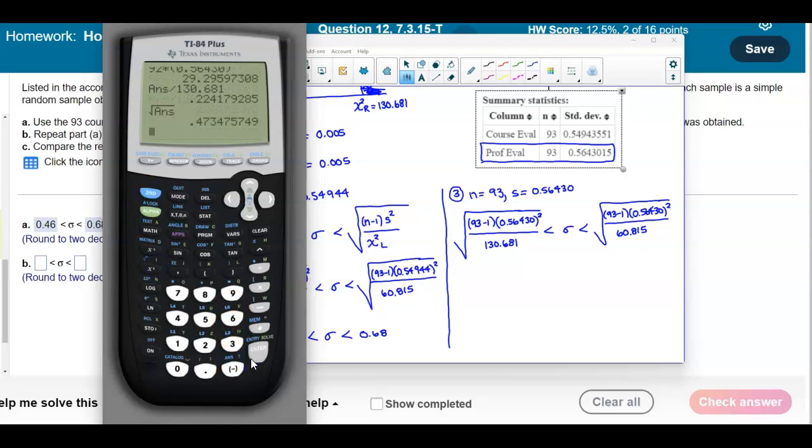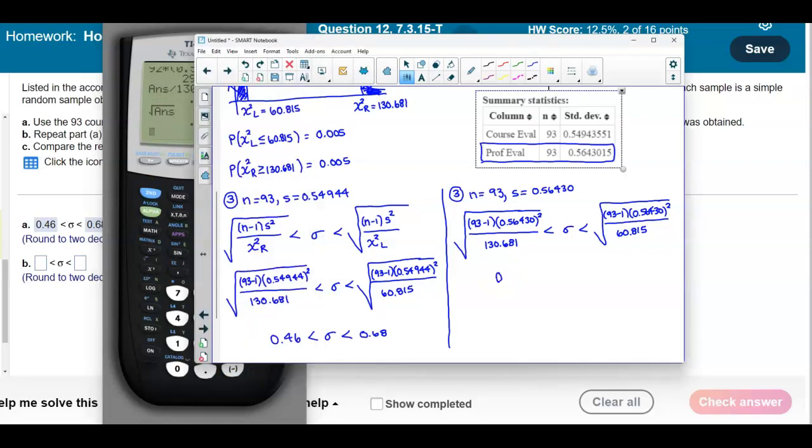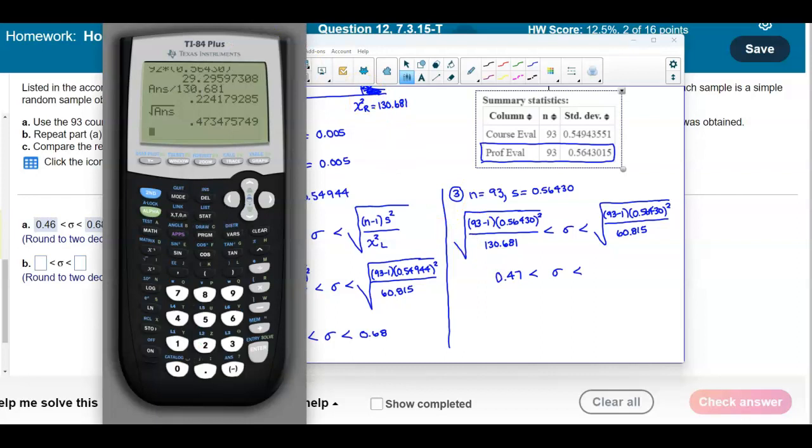Rounding to 2 decimal places gives us 0.47. Likewise, for the upper limit, we take 92 times 0.56430 squared, divide by 60.815, and take the square root of that answer.